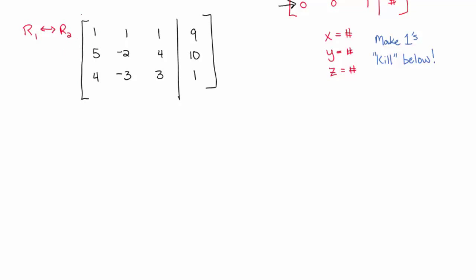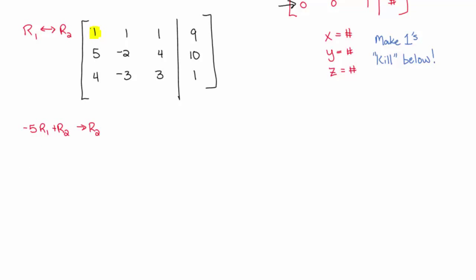Since we can take multiples of rows and add them to other rows, we're going to use that 1, and that's the goal here. That's why we made that a 1. Let me highlight the one I'm talking about. I'm going to use this one to kill off all the numbers below it. The way we do that is we're going to take a negative 5 times row 1, and we're going to add that to row 2 to become the new row 2.